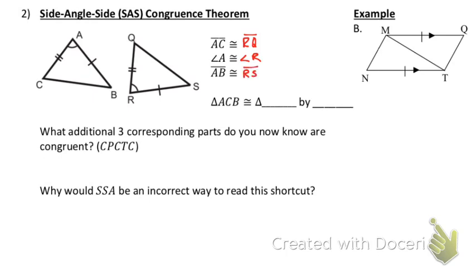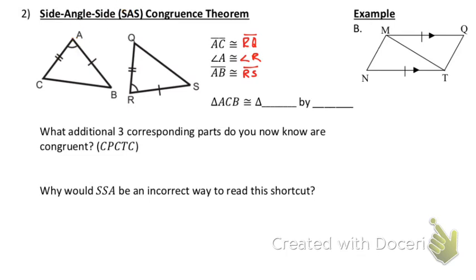Okay, so now I can use side, angle, side to say that these 2 triangles are congruent. If you notice, I'm going to start with this triangle. Remember, I only can skip one part. So if I go side, angle, so I have the side, not skipping anything, I'm going to the angle, still not skipping, and I go to the side. So I have side, angle, side.